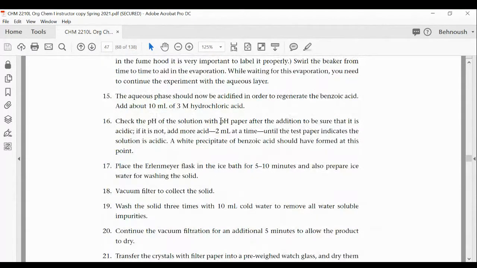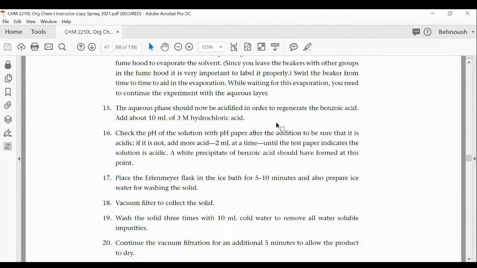What's the purpose of testing with the pH paper after adding HCl? Because it says add 10 milliliters of 3 molar HCl and test for pH. To make sure it's acidic, because if the solution is not acidic, benzoic acid will not form completely.